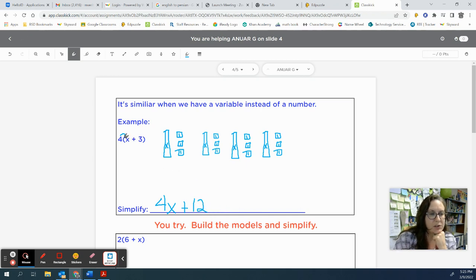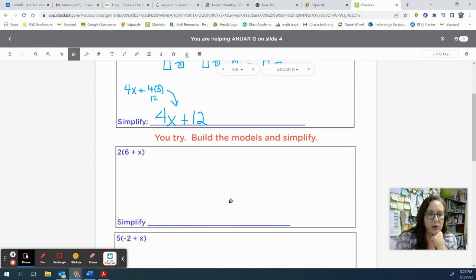So you could also look at it this way: distributing the 4 to x means we have 4 x's plus 4 times 3, 4 groups of 3, which becomes the 12. So it ends up being the same thing with the model and then just using the math. Okay, you go ahead and try the next one, build the models.